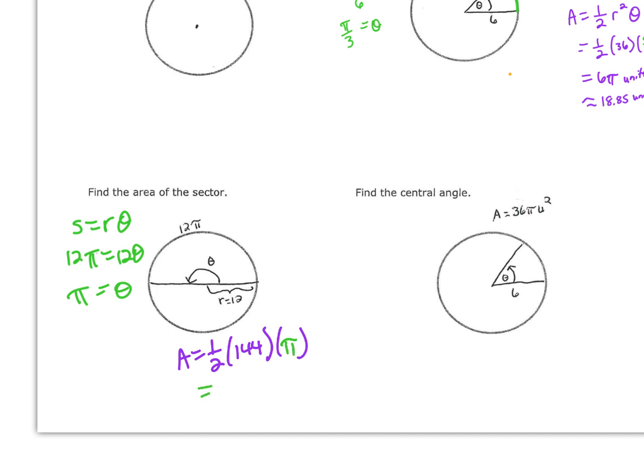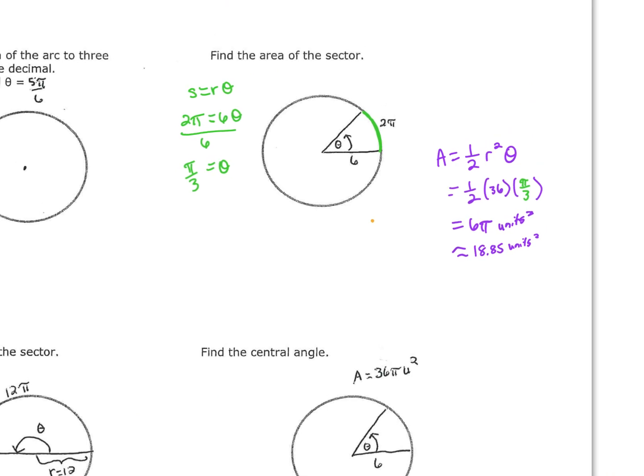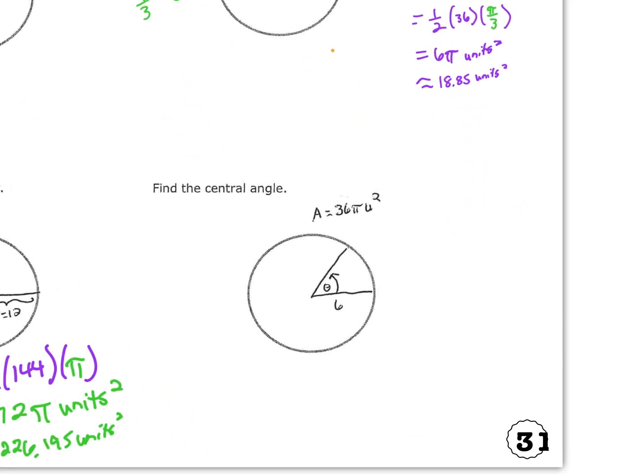So half of 144, so 72 pi would be our exact answer, and that gives us 226.195 units squared. I'm trying to go through that one quickly just so that you have that to go back and look at as an example, but we talked through it more thoroughly there.